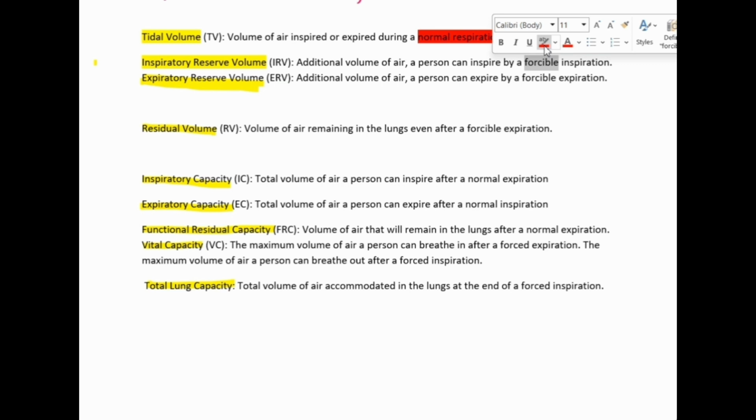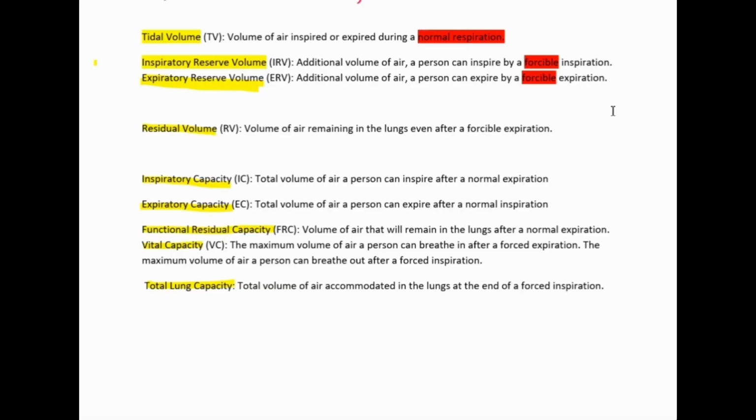The additional volume that you inspire, apart from the normal inspired air, which is the tidal volume, is the inspiratory reserve volume, and that accounts to around 3000 ml.